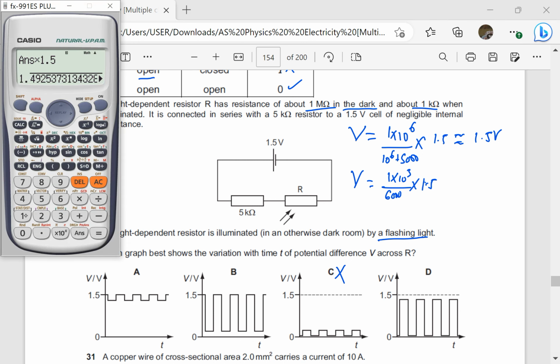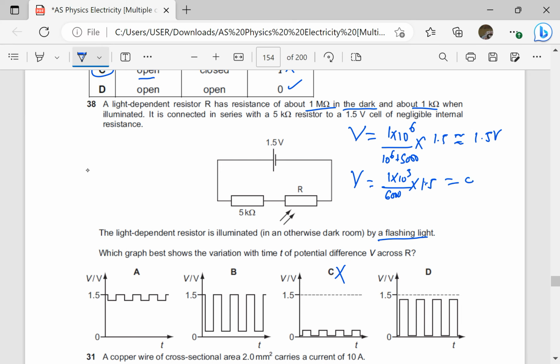So we have 1,000 divided by 6,000 times 1.5. So this is approximately 0.25. So it goes to close to 0.25. So this one is automatically wrong.